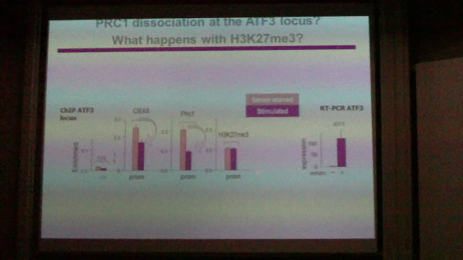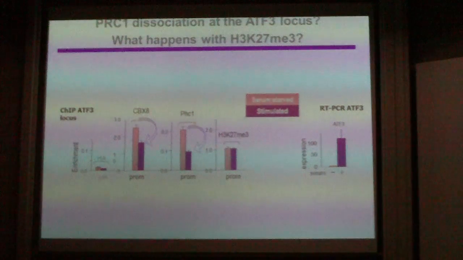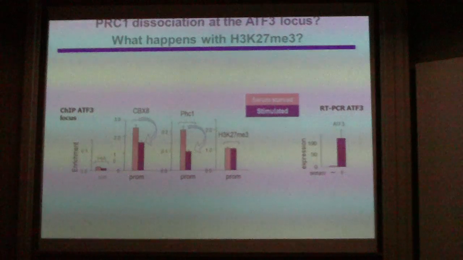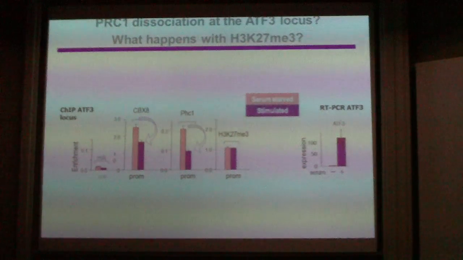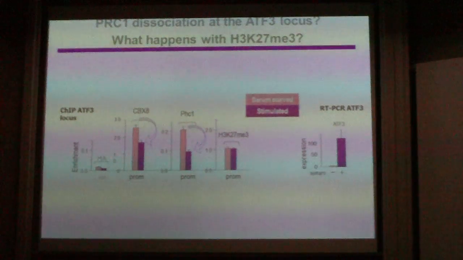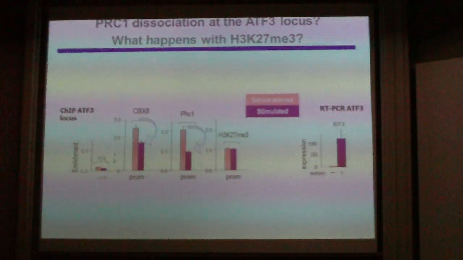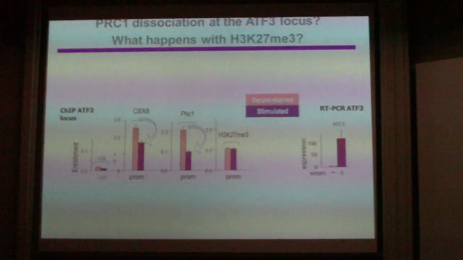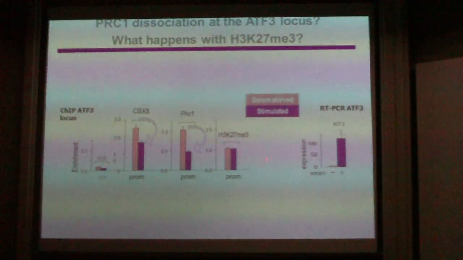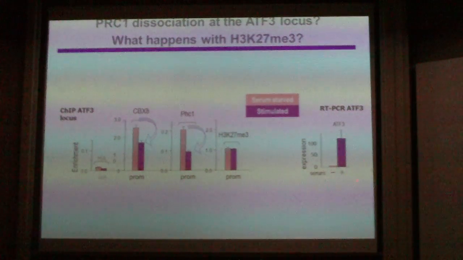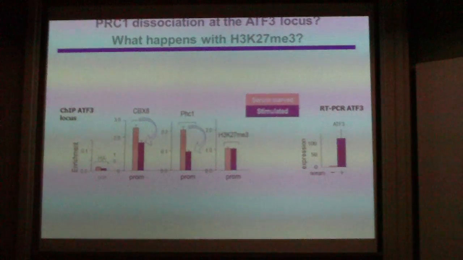So apparently you don't need to lose the mark in order to lose the polycomb complex. So only the polycomb complex is teased off, but the mark stays there, so that if afterwards the signal is restored, polycomb can come back to the same location. This is just a proof that indeed we see again an induction of ATF3 with real-time PCR.